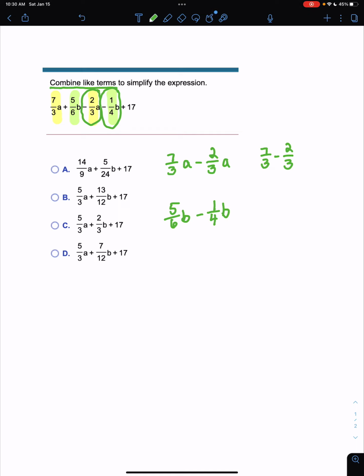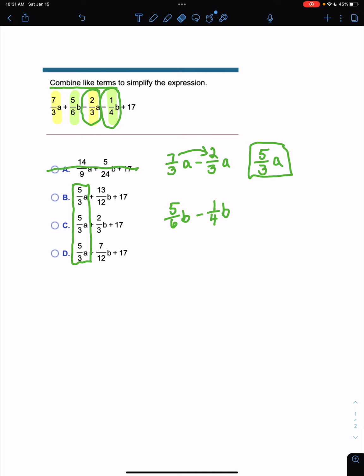So we're going to subtract the 7 minus the 2. So we're going to end up with 5, and we still have thirds. Okay, and A. So our first combined term is going to be 5/3 A. And we can see here that 3 of our answers give us 5/3 A. So we can eliminate answer number A.